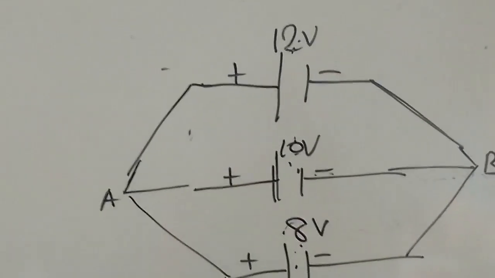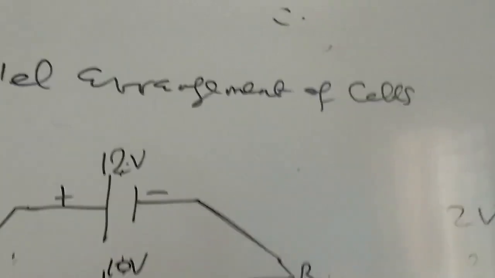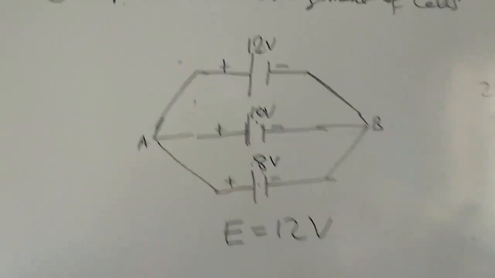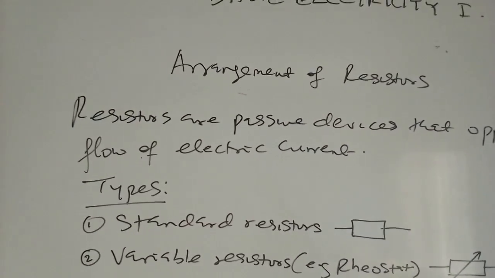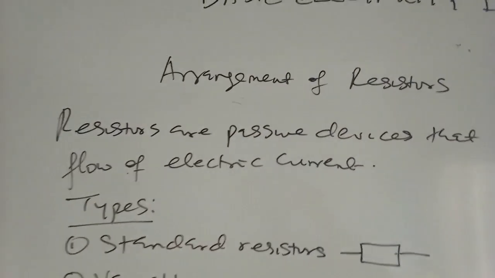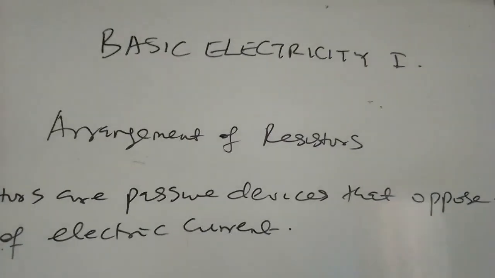So next, we are going to resistors, the next electrical device found in electrical circuits. We are now looking at the arrangement of resistors in the electric circuit, the second component found in a circuit. Resistors are passive devices that oppose the flow of electric current.